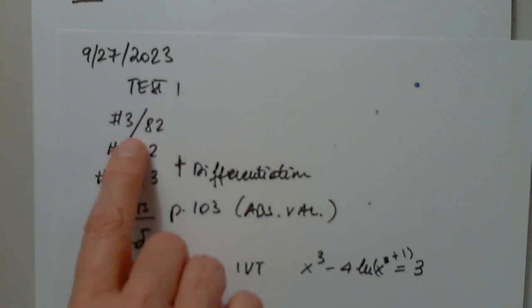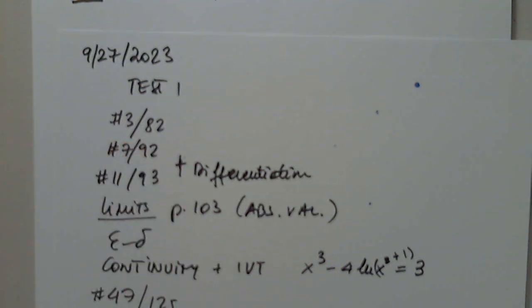My first question is number 3 on page 82, in section 2.1. If we completed 3, we may have, then we can move on. You can go back and see if we did this problem together.